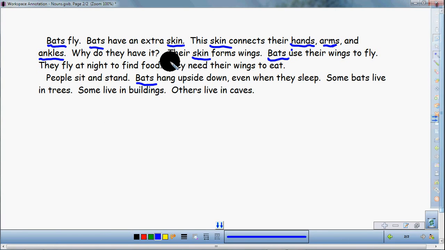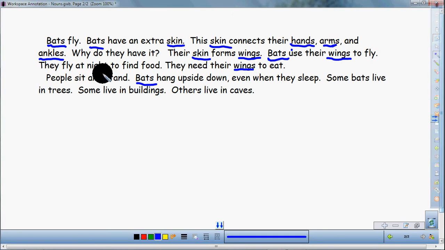Let's look at the next sentence. Their skin forms wings. Do you see any other people, places, or things? Yes. Wings are things. So underline wings wherever you see it. Once again, it's part of the bat's body. Let's look at the next sentence.